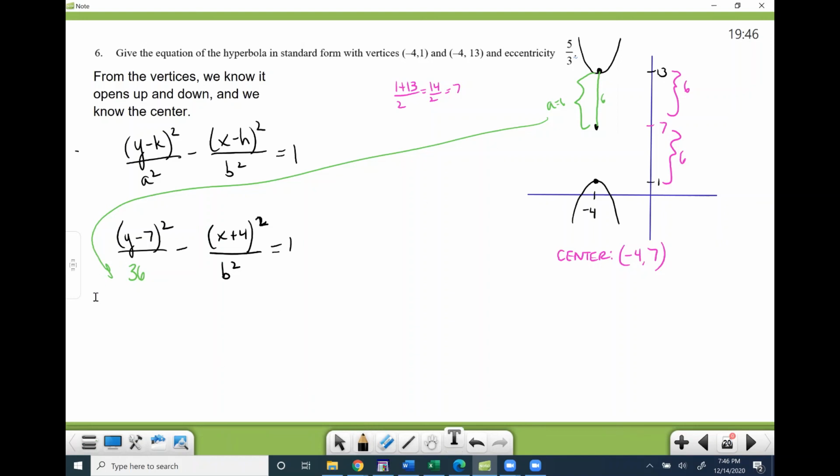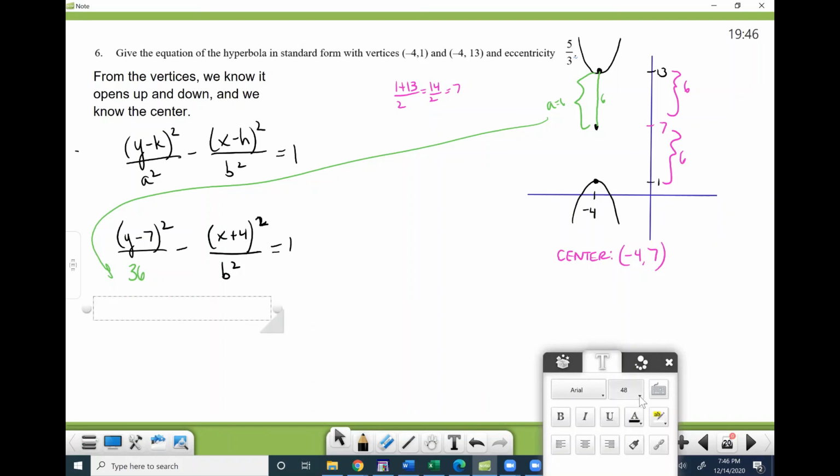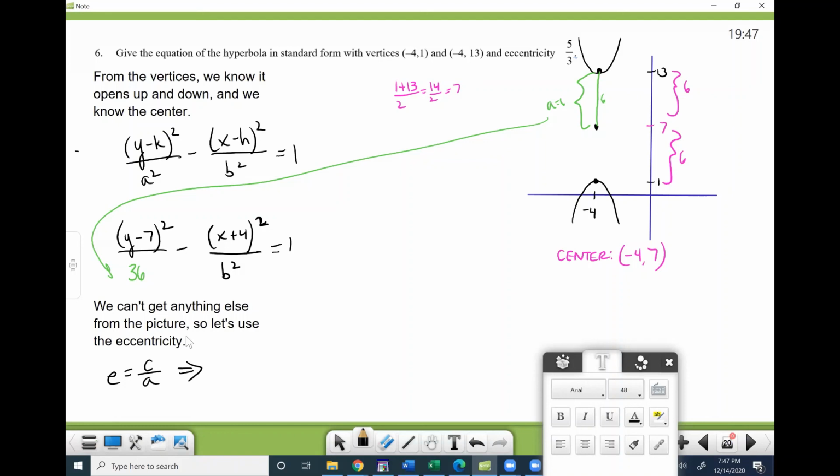Let's use the eccentricity now. The eccentricity formula is E equals C over A. And we know the eccentricity is 5/3 from the directions.